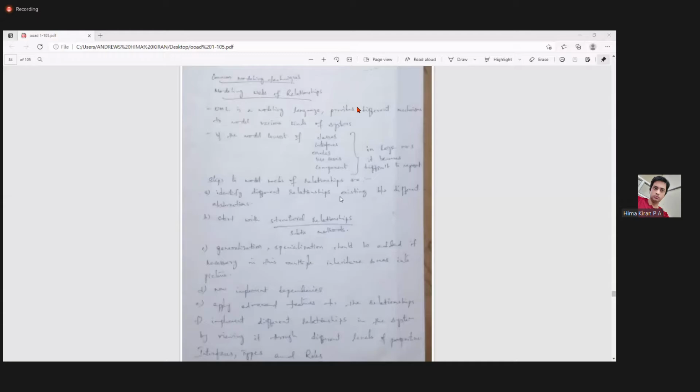Next, identify different relationships existing between different abstractions. We need to first identify which relationship is apt to connect one abstraction to another. If any inheritance relation exists, then we go for a generalization relationship.